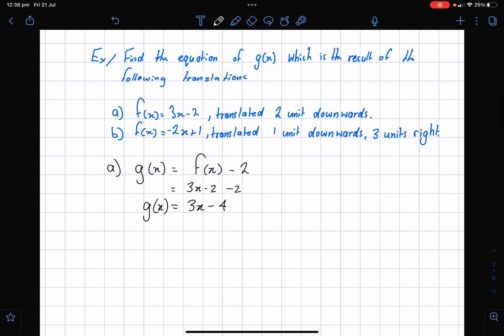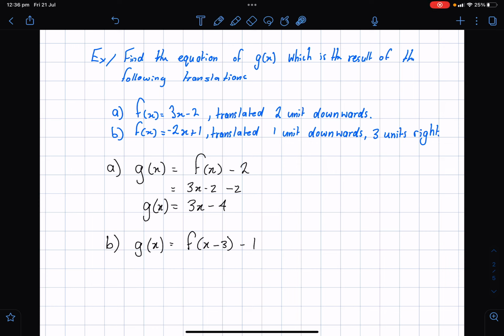Let's have a look at part B. It's a bit trickier. We've got 2 translations going on here. I've got 1 unit downwards and 3 units right. So again, in terms of f of x, I've got a horizontal translation 3 units to the right. Because it's going right, I know there's a minus and it's 3. And then I've also got 1 unit downwards, so minus 1 on the outside.